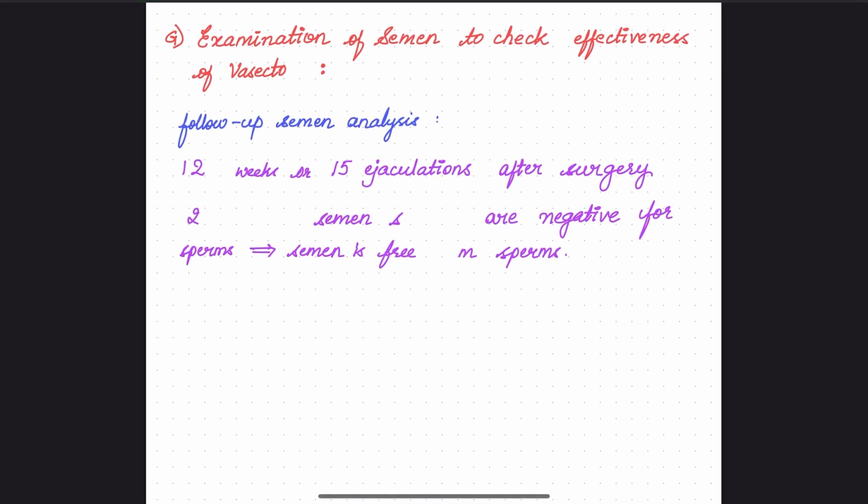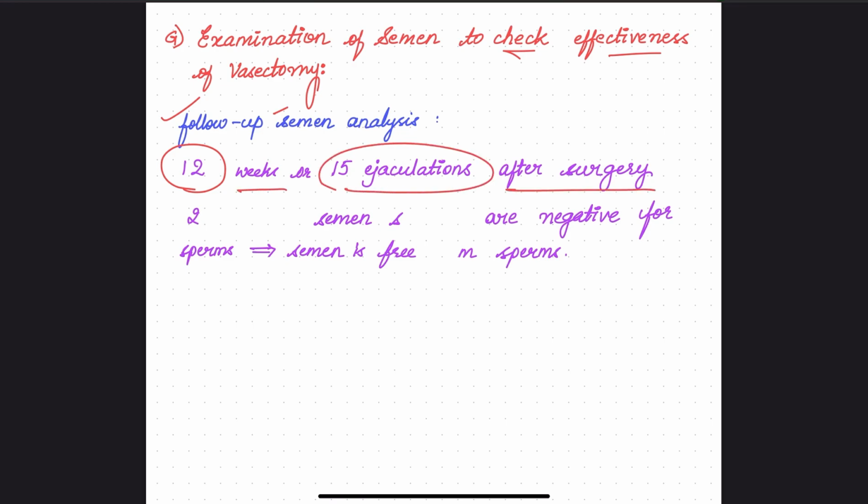Lastly, you examine semen to check the effectiveness of vasectomy. After vasectomy, at follow up, you ask the patient to come and give semen samples 12 weeks, that is 3 months, or 15 ejaculations after the surgery.